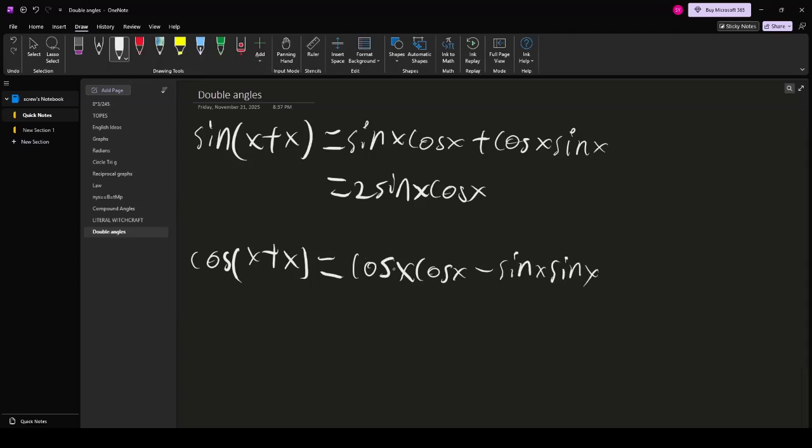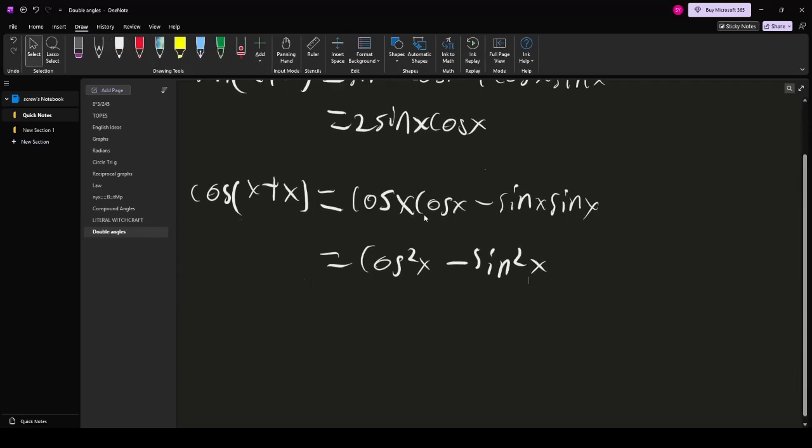If you multiply cos x with itself, that becomes cos squared x, and sine by itself becomes sine squared x. But this isn't the only formula we have.